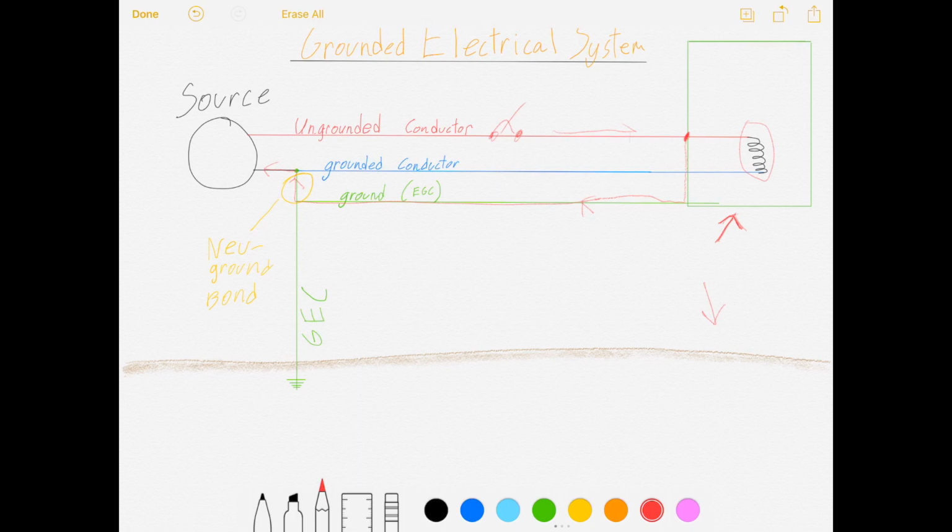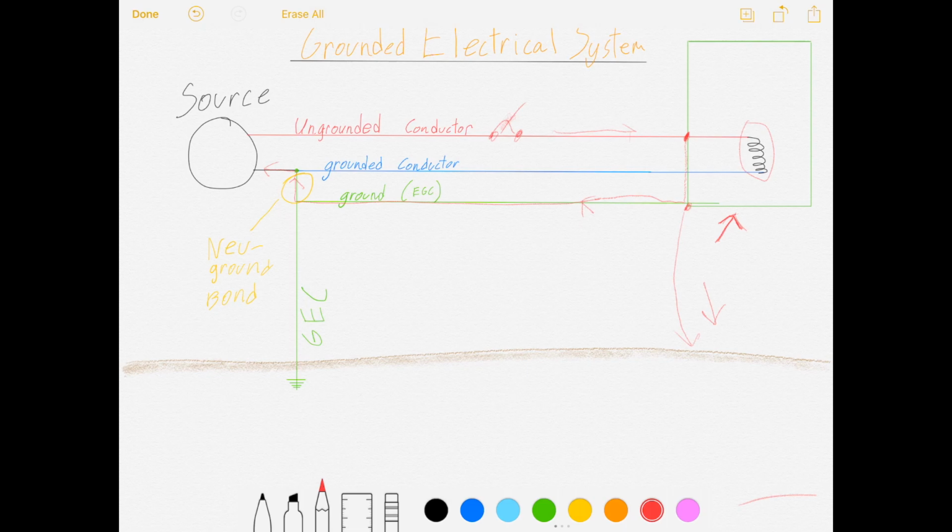But even without that, even if it were just flowing through there, this enclosure would still be safe to touch because it's still connected to the earth. You could still touch it while you're standing barefoot on the ground, and you will not get shocked.